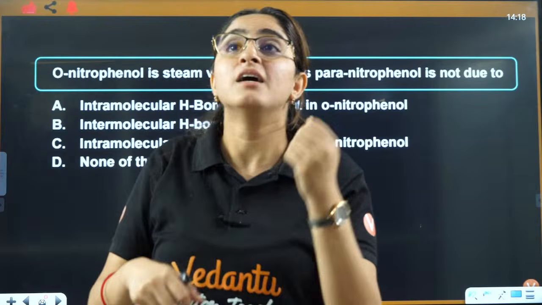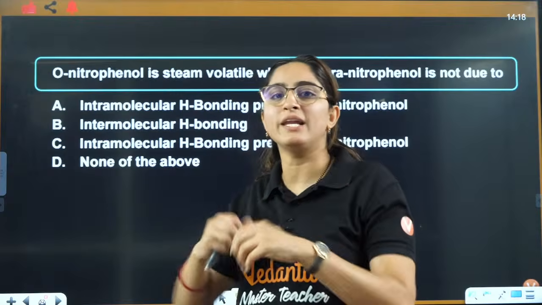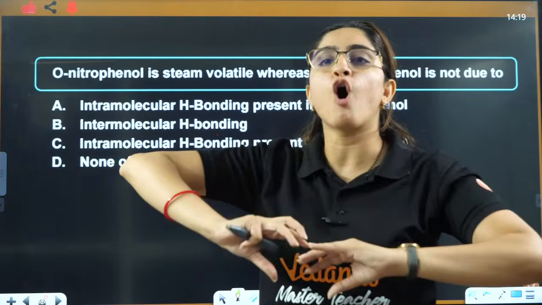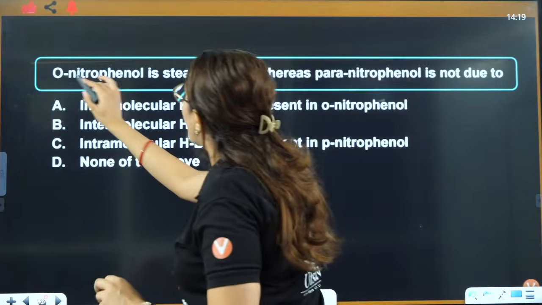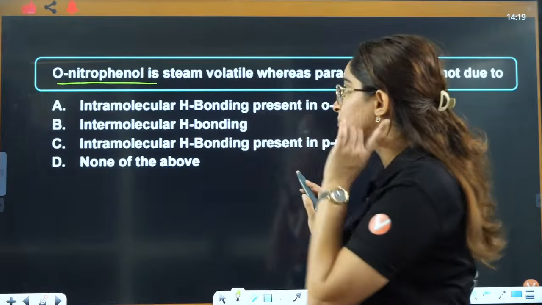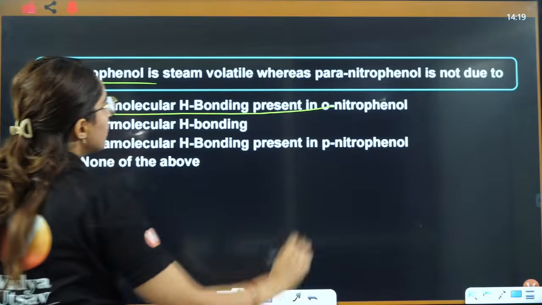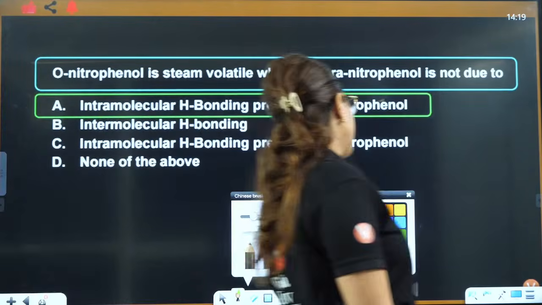That is why with steam it can form vapors, because there is no such strong bond with other molecules. It has strong bonds with itself. So this is the true statement, because of intramolecular hydrogen bonding present in ortho-nitrophenol. That is the correct statement here. Okay.